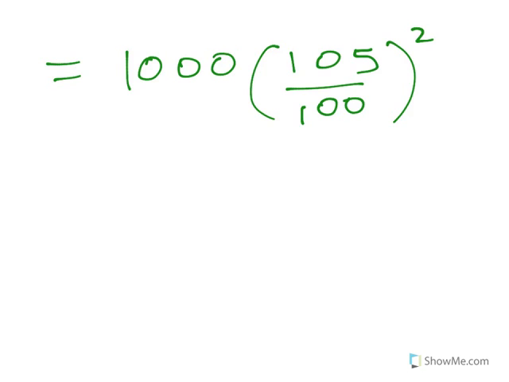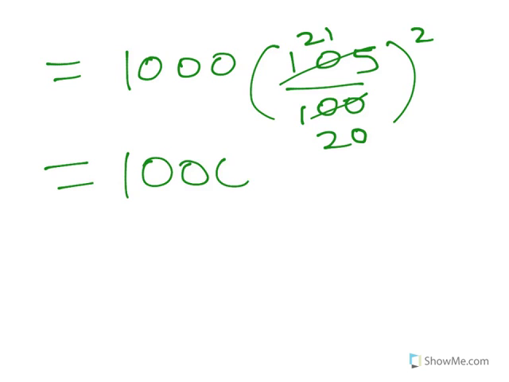So anyway, let's get down to the solving part. When I divide 100 by 5 you get 20, and 105 divided by 5 is 21. So that gives me 1000 times, now 21 squared is 441, 20 squared is 400.